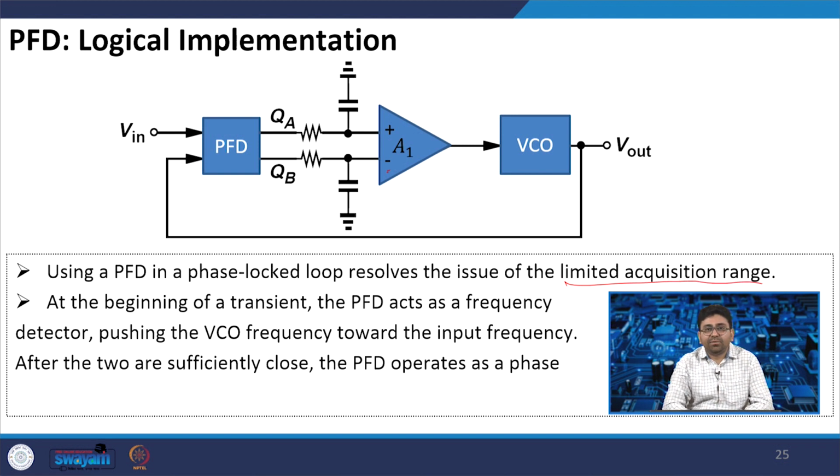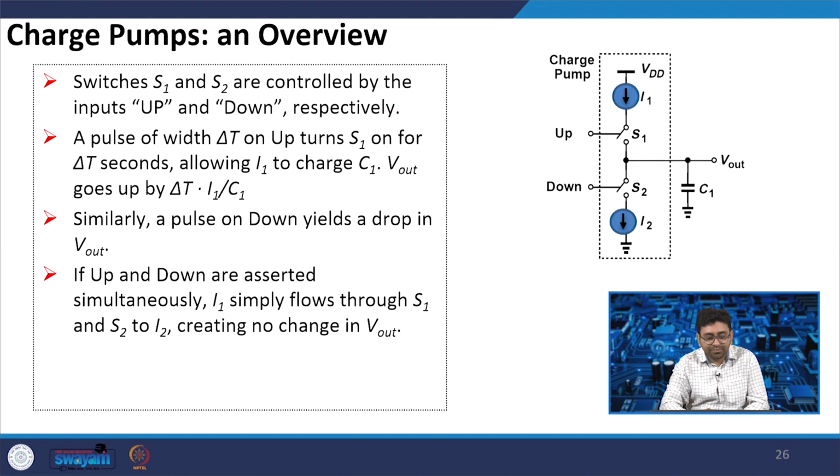At the beginning of the transient the PFD acts as a frequency detector, pushing the VCO frequency towards the input frequency, and after the two are sufficiently close, the PFD operates as a phase detector. So it does both frequency as well as phase detection.